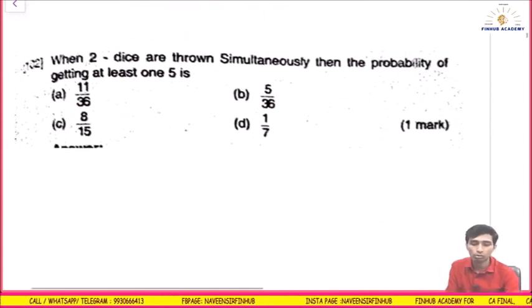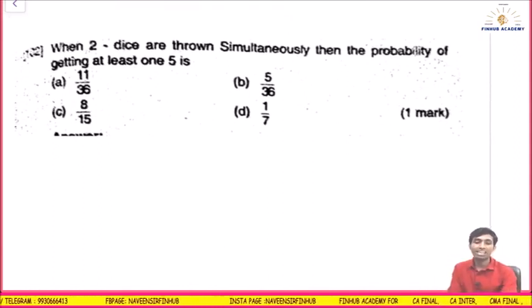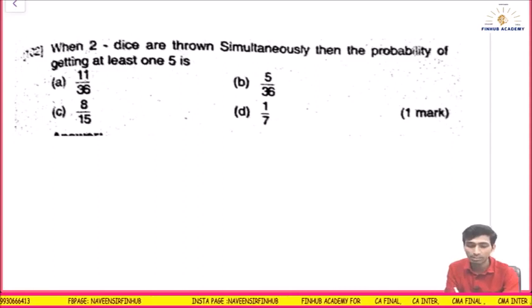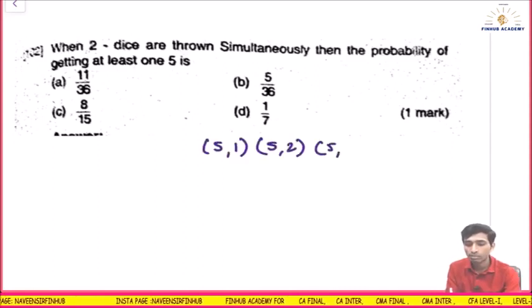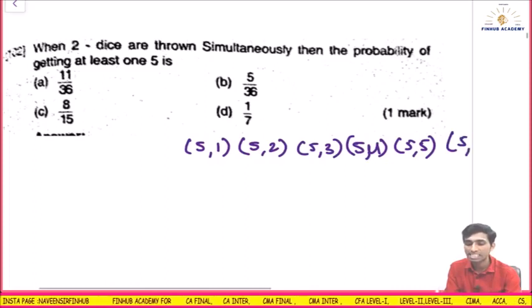When two dice are thrown simultaneously, what is the probability of getting at least one 5? At least one 5 means what? 5 comma 1, 5 comma 2, 5 comma 3, 5 comma 4, 5 comma 5 or 5 comma 6.